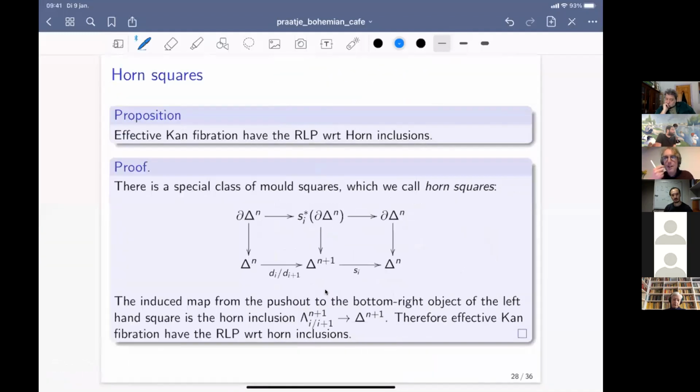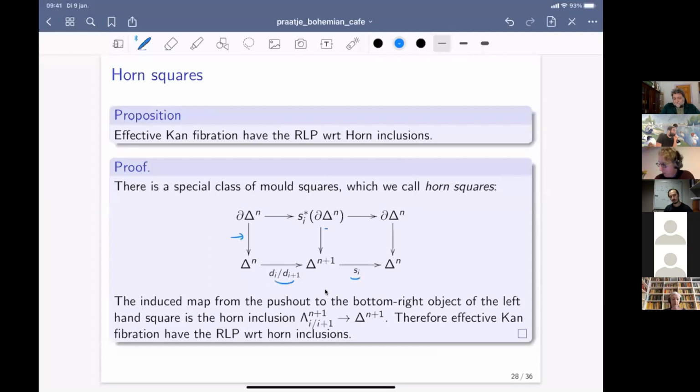Having said that, why is it the case that effective Kan fibrations have the right lifting property with respect to horn inclusions? Well, I mentioned that this is a particular HDR face map together with one of the degeneracy maps, which is a retraction of that. Let's imagine that I pull this back along this whole situation, back along the face of this n-simplex.